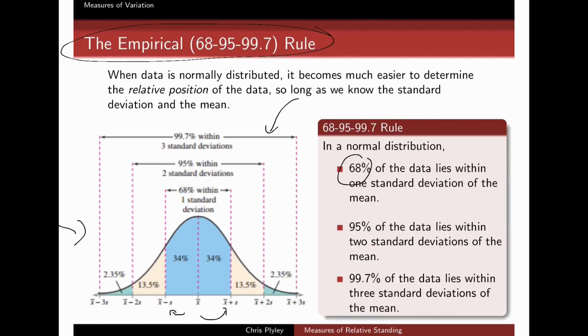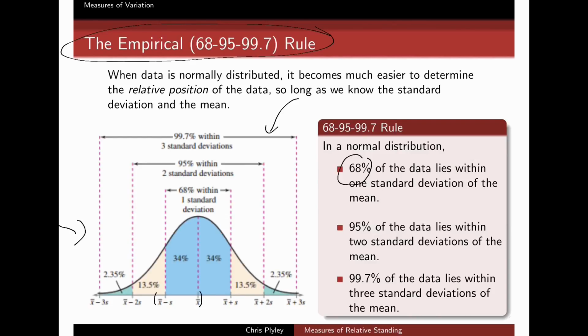And so it actually tells us a little bit more. It's not just 68% from this entire range, one standard deviation below to above. I can actually say that exactly 34% of my data should be between the mean and one standard deviation above, and 34% of my data should be between the mean and one standard deviation below.